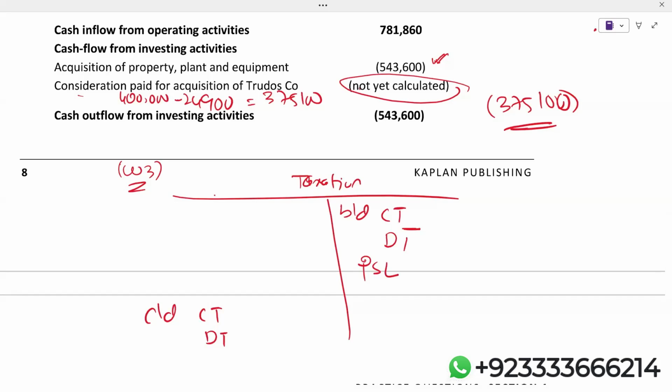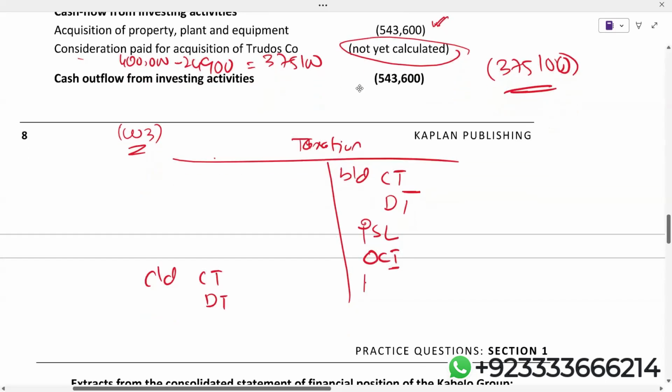If there is any deferred tax in OCI, you will have to take that as well. If during the year you have acquired a subsidiary, and your examiner gives you the taxation details, then you have to take that as well because that will also increase your taxation.